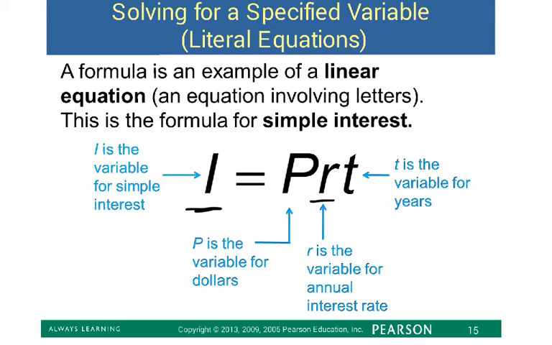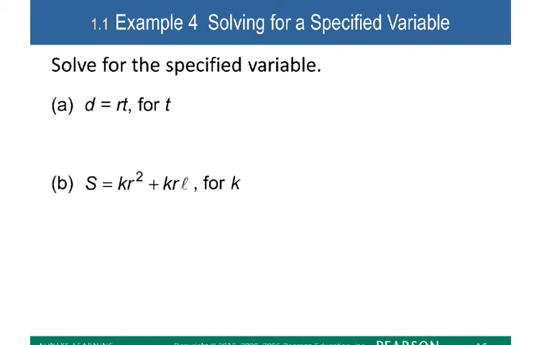And then T is a variable. It's measured in time, but it won't state in the problem. Sometimes it'll state months or days or something, but you have to convert those months or days to years for this particular formula. So let's move on to solving for specified variables. Okay, in this first one, it's pretty simple.